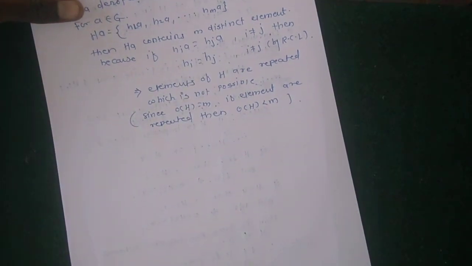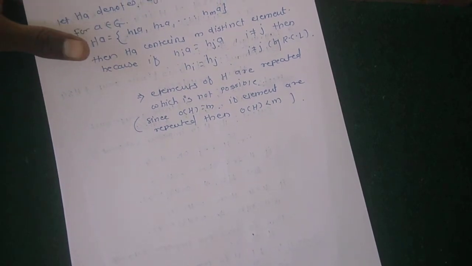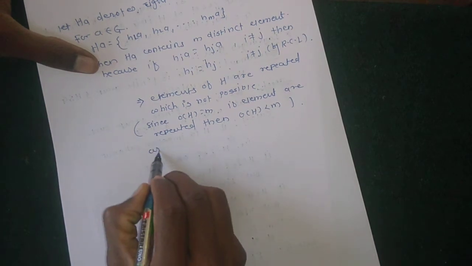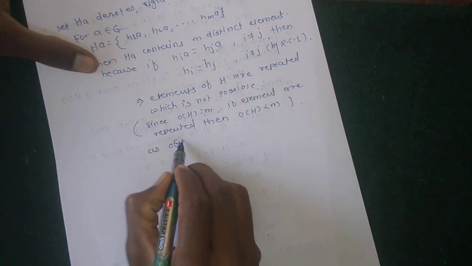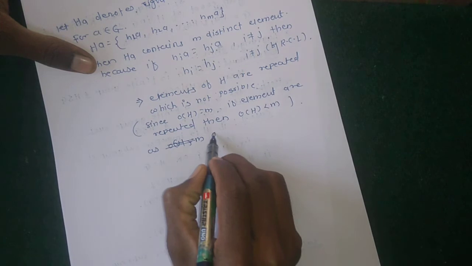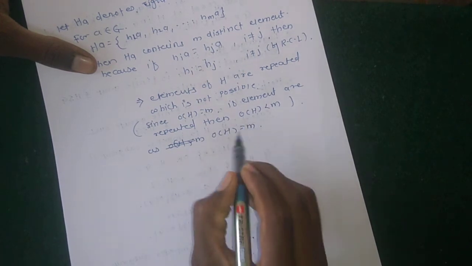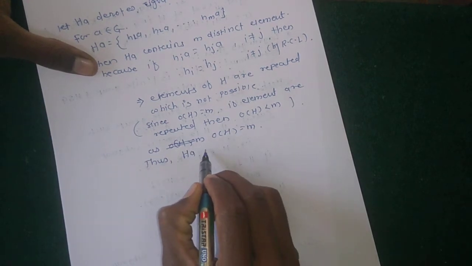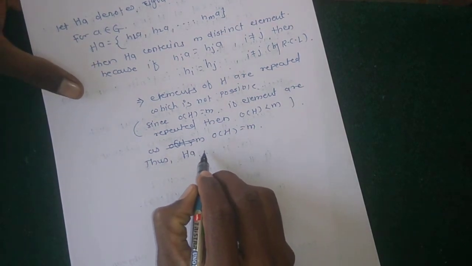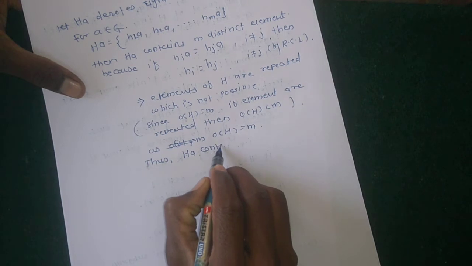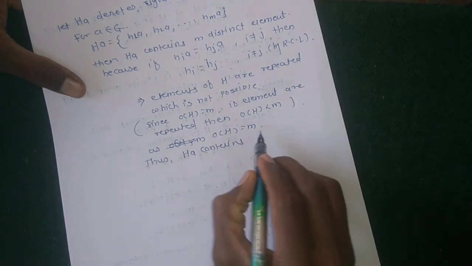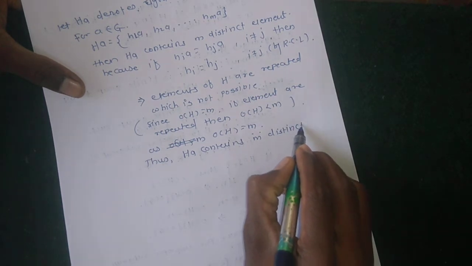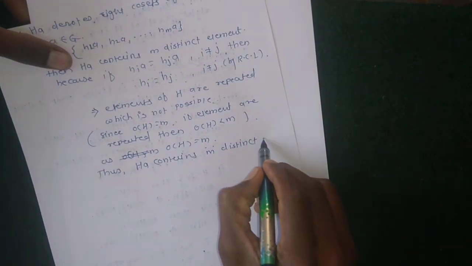So Ha contains m distinct elements, as the order of H equals m, and thus Ha, the right coset of H in G, contains m distinct elements.